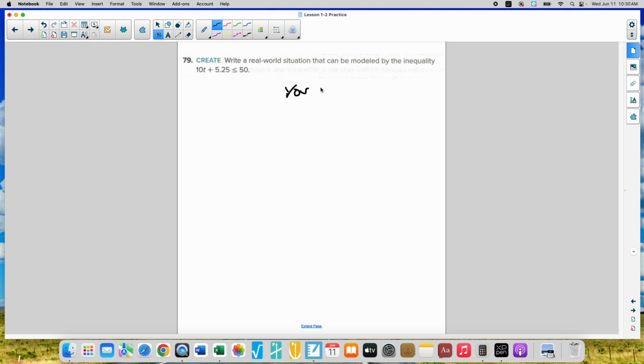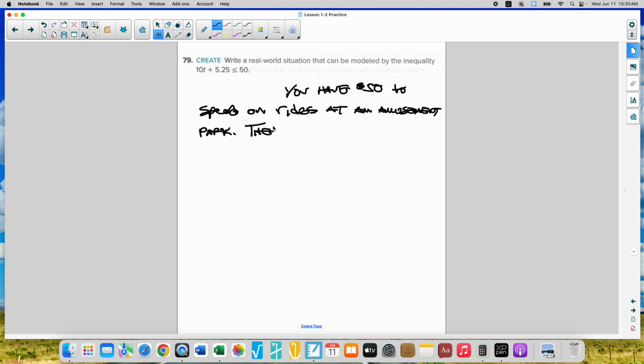Write a real-world situation that can be modeled by the inequality 10t plus 5.25 must be less than 50. You have $50 to spend on rides at an amusement park. The membership costs $5.25, and each ride costs $10.